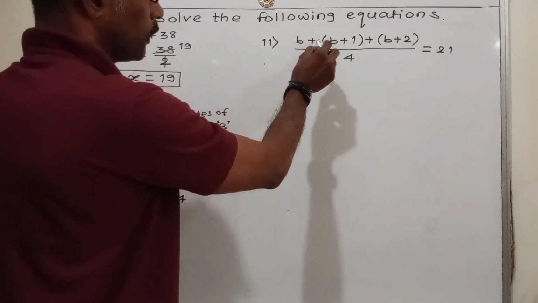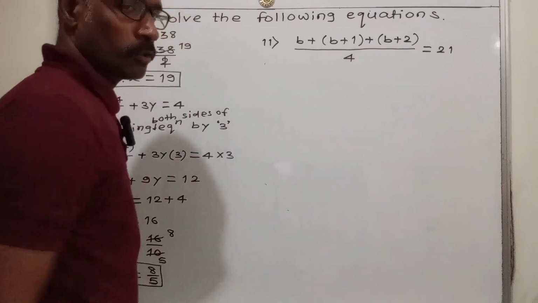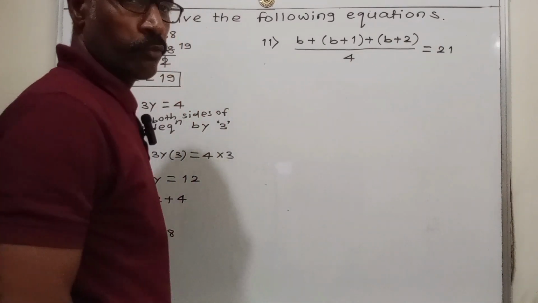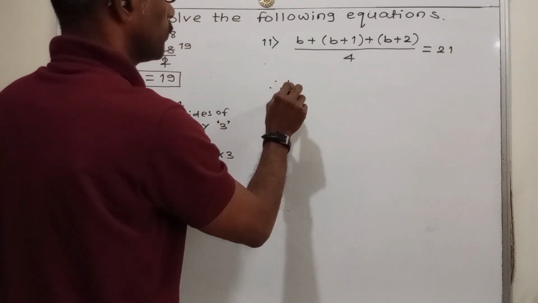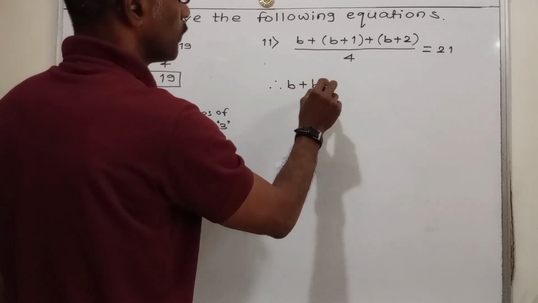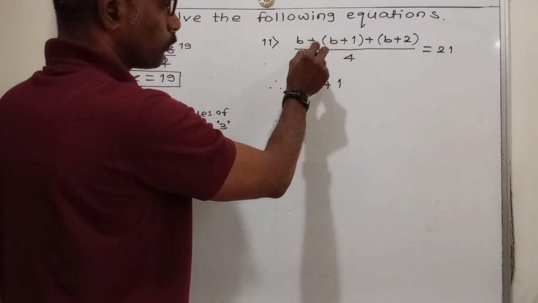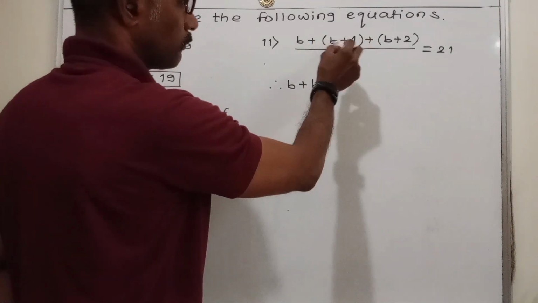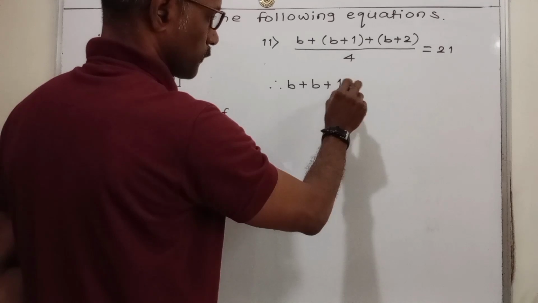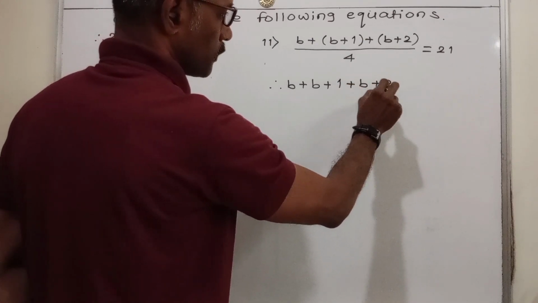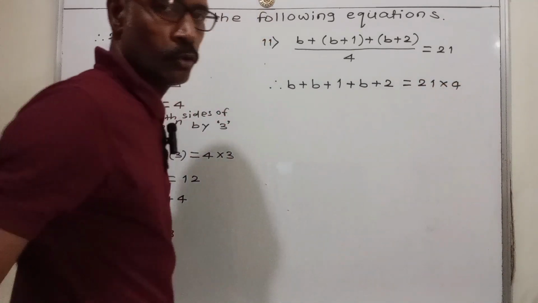Example number 11. b plus bracket b plus 1 bracket complete plus bracket b plus 2 upon 4 is equal to 21. Now we take this denominator to the right side. Therefore, b plus 1. Now take outside all terms because they are positive plus, so remains the same, plus b plus 2 is equal to 21 into 4.